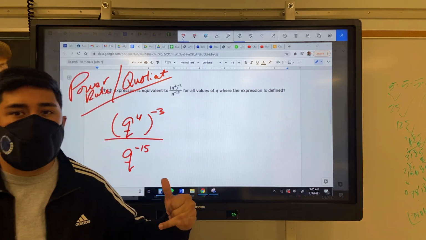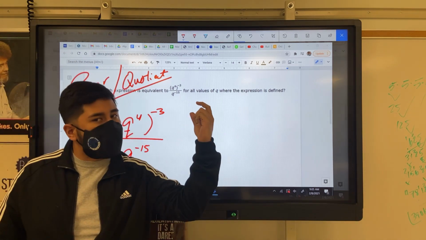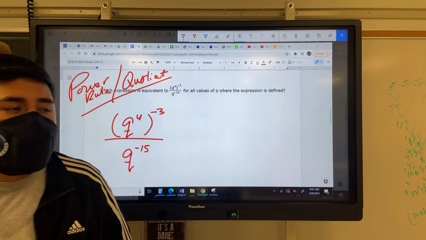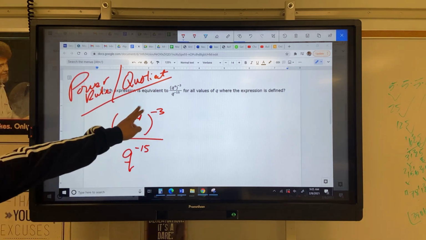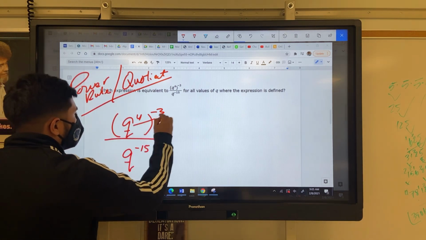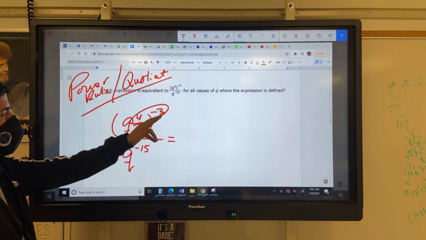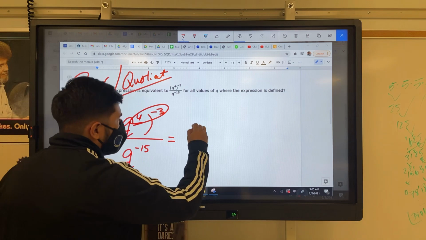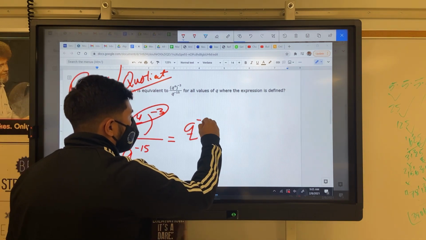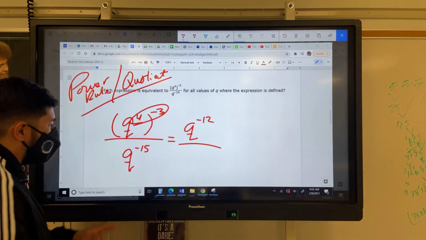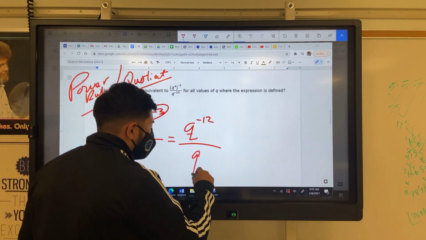Here there are no coefficients. All we have right here are exponents, the smaller little numbers. Power rule states for exponents, what do I do with them? Multiply. 4 times -3, Q to the -12 over Q to the -15.